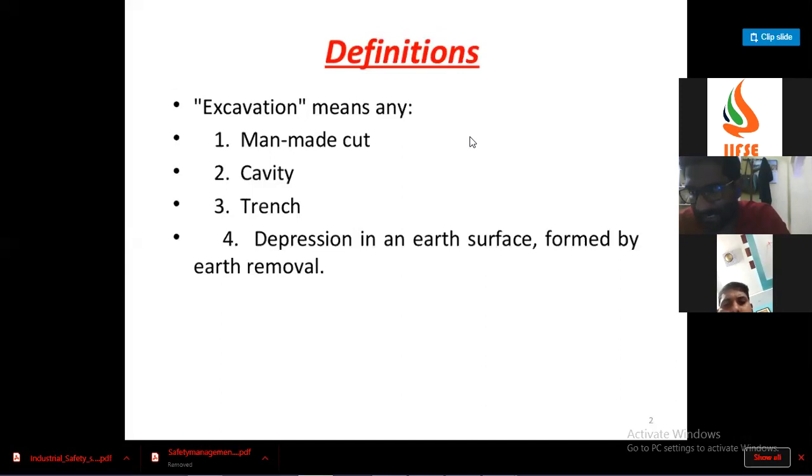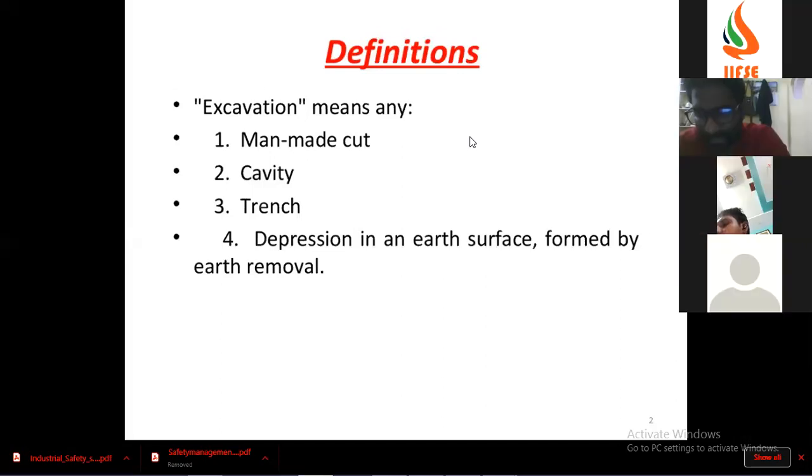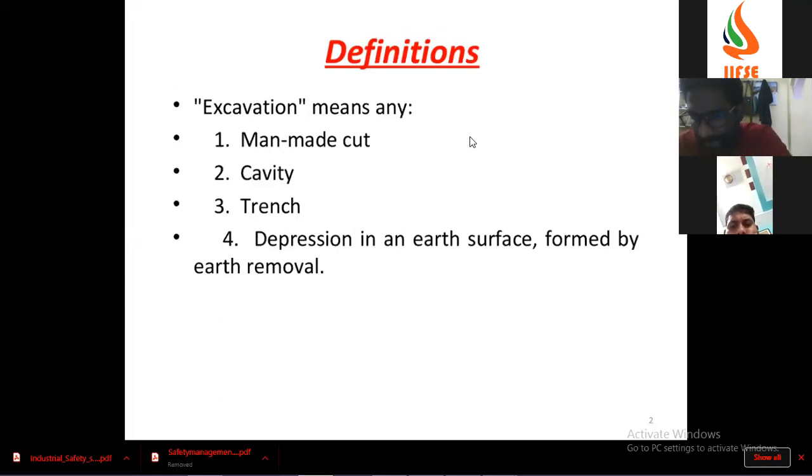Normally, they say that if more than 3 feet or 1 meter depth is dug, only that comes under excavation. But the word itself says any depression in an earth surface. Even if we do a small digging with our hand, it also comes under excavation.